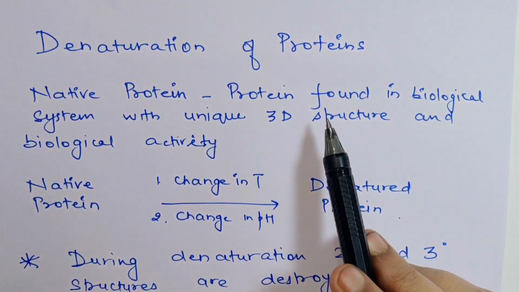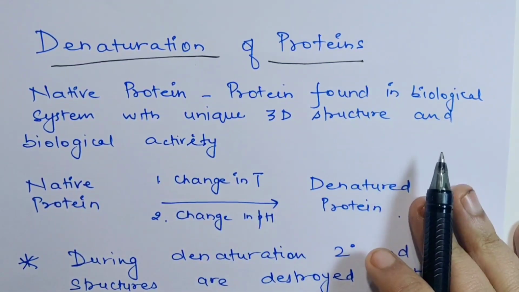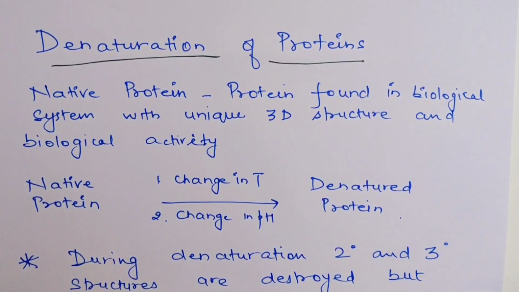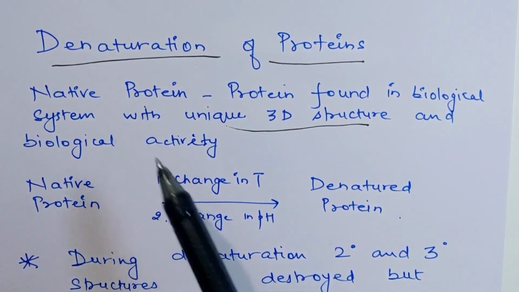Last topic of today's video, denaturation of protein. When you have your normal protein in a biological system with its unique 3D structure and its unique biological activity, that protein is called a native protein.